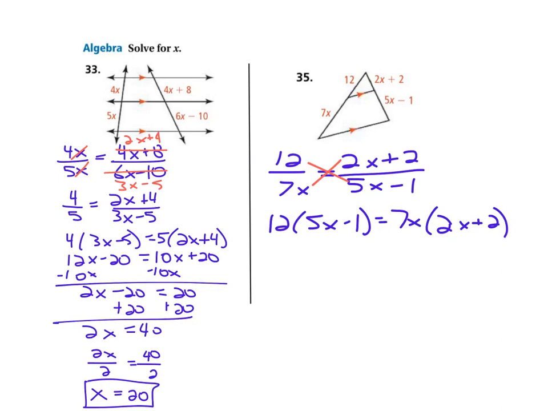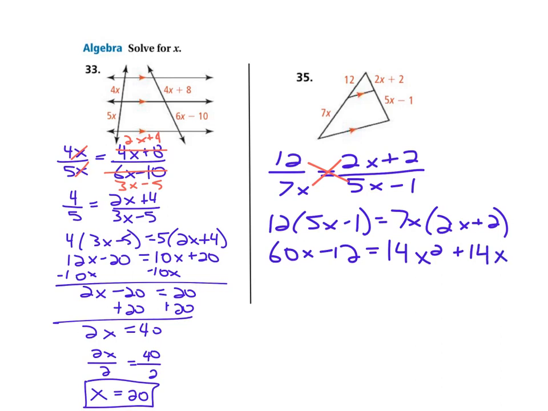When we simplify, we get 60x minus 12 equals, multiplying 7x times 2x, we get 14 (x times x is x squared). So we have an x squared term in this one. And then 7x times 2 is 14x.